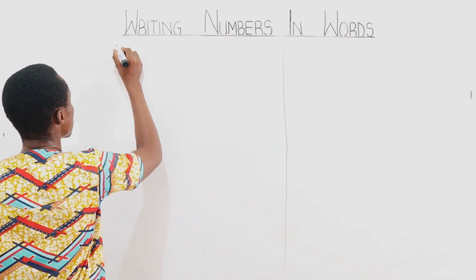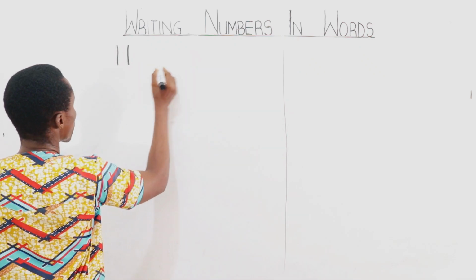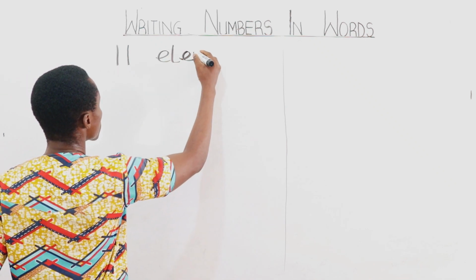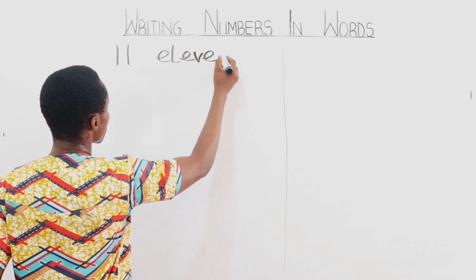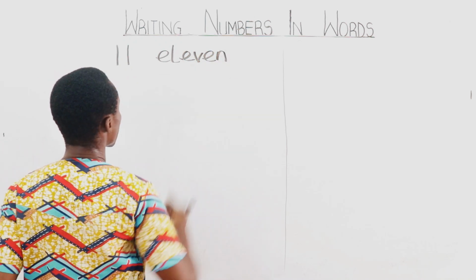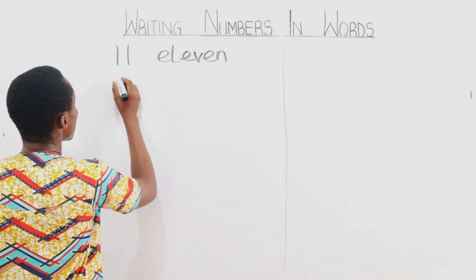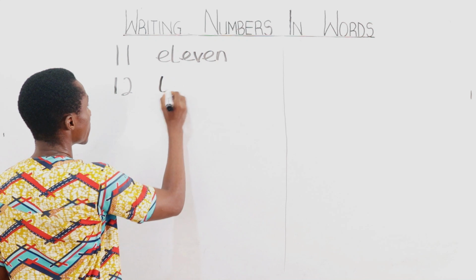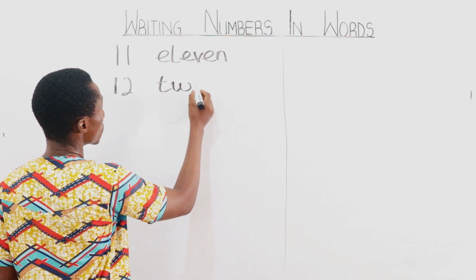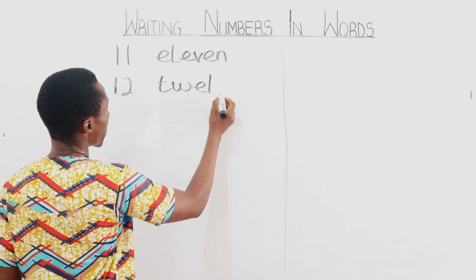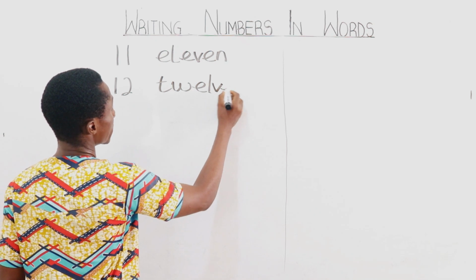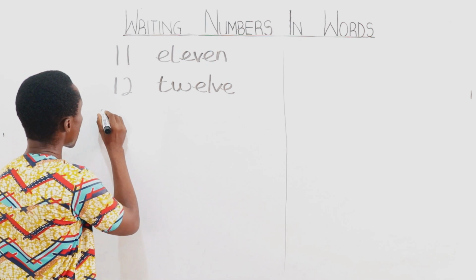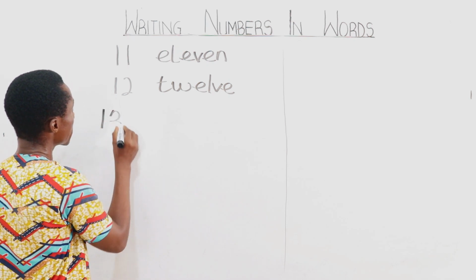So 11 is E-L-E-V-E-N, 11. And the next is 12. 12 is T-W-E-L-V-E, 12. The next number is 13.